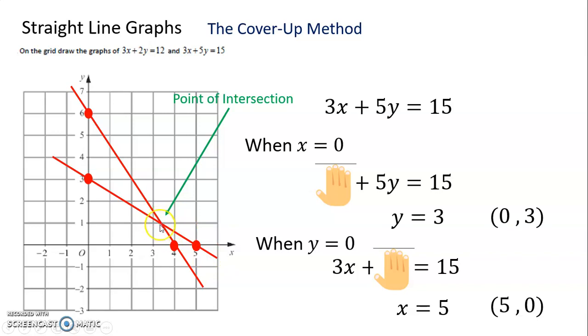And if I was asked to read off the point of intersection, I'd have to estimate it because I haven't got an accurate enough grid here, but I'd say, well, that's about 3.3, and the y coordinate is 1. So x equals 3.3, y equals 1 is a solution for both of these equations.